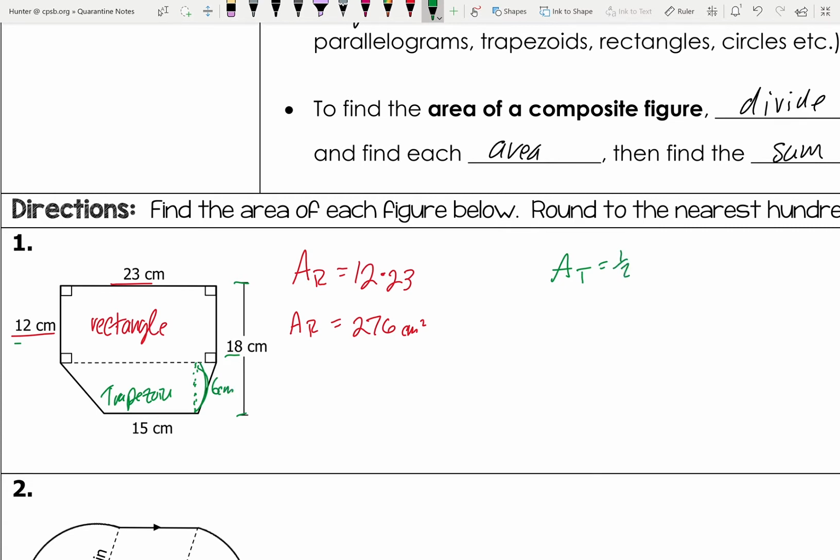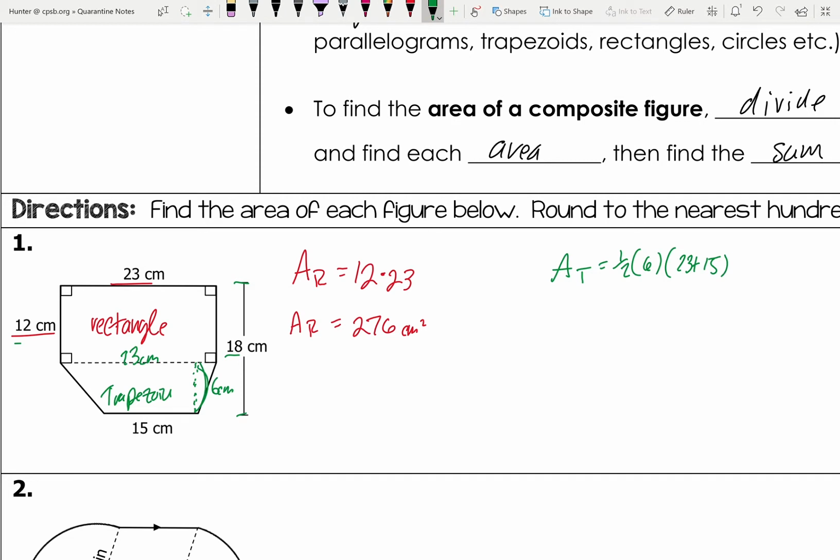So, using the area of the trapezoid, I have 1/2 times the height of 6 times the sum of both bases. This is 23 centimeters, since that is a rectangle, and opposite sides of a rectangle are congruent. So my equation is 1/2 times 6 times 23 plus 15.